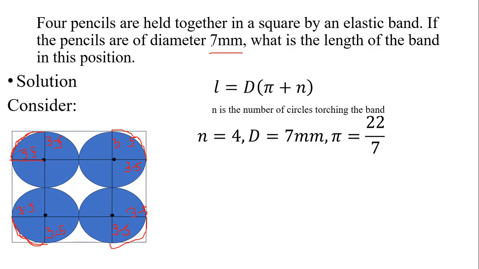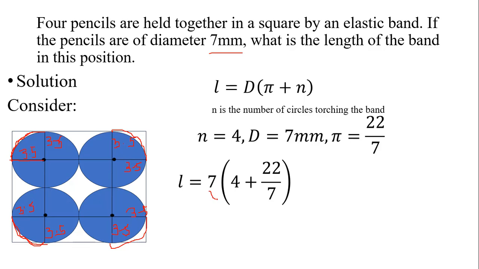So my n is 4, my diameter is 7 millimeter, and my pi is 22/7. Applying the formula, L equals 7 plus, where d is 7, plus 4, n is 4, then the pi is 22/7.